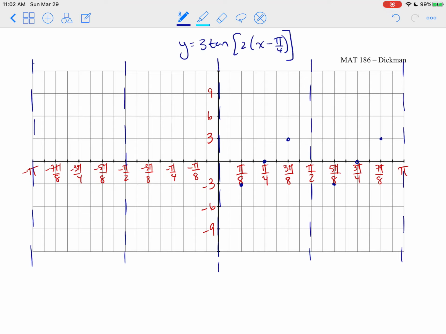So in between any of these, and I picked my scale so that the distance between my key points would be the points that I labeled along the x-axis. And so that makes graphing this actually much more simple.